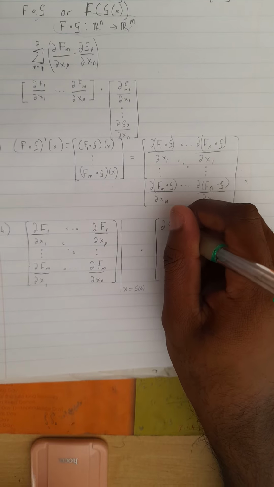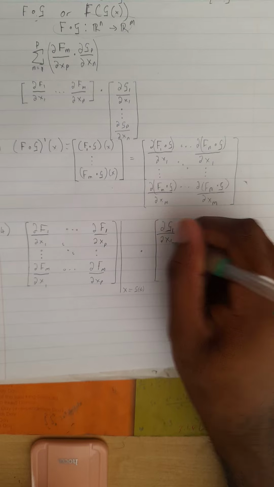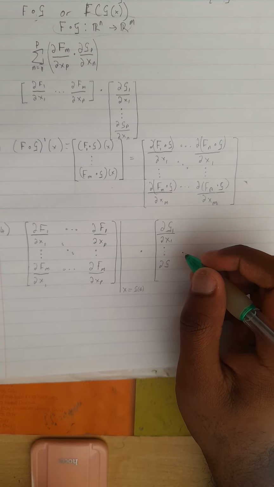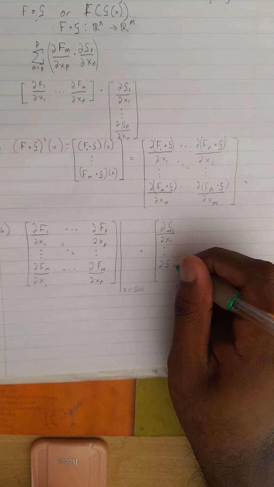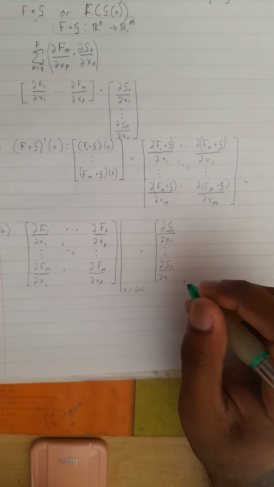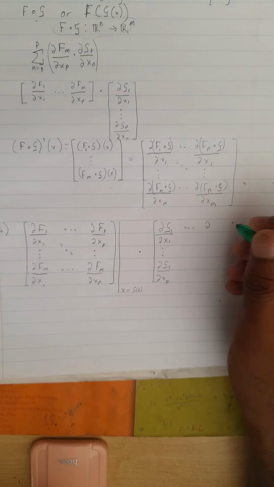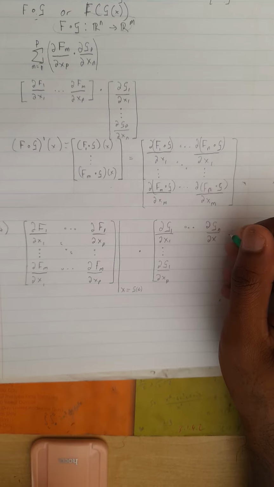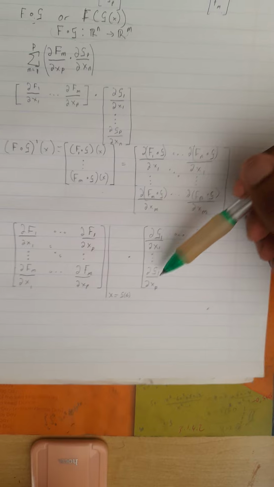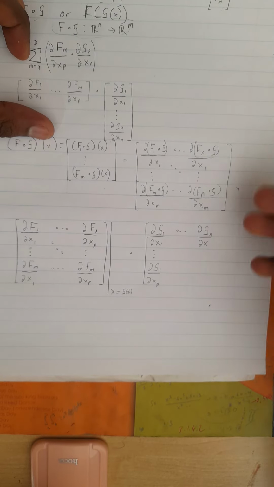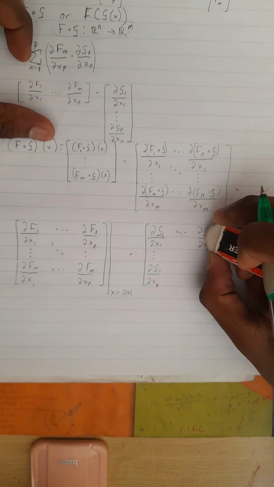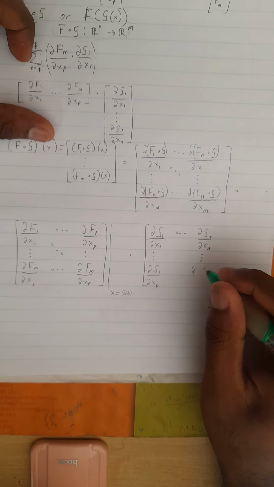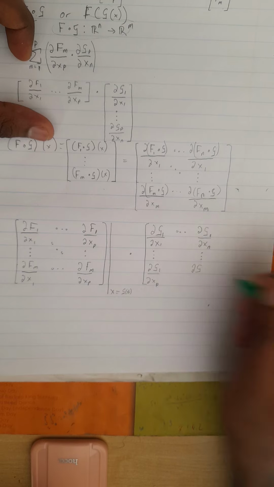So partial derivative of g1 with respect to x1, so we said they are going to be p rows, partial derivative of g1 with respect to xn, all the way up to the partial derivative of gp with respect to xn.